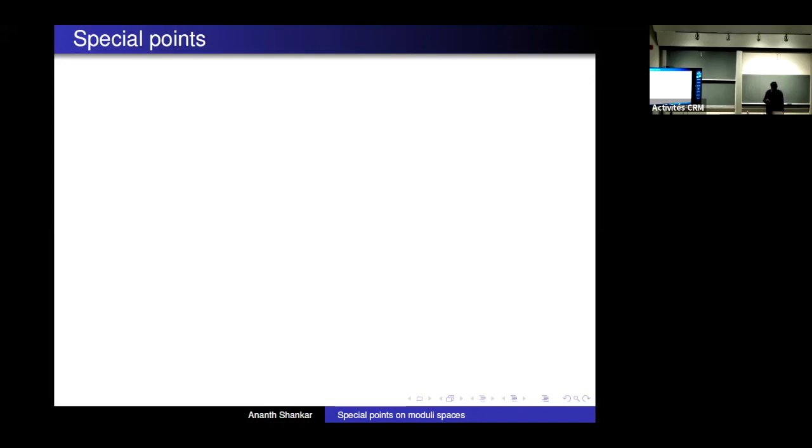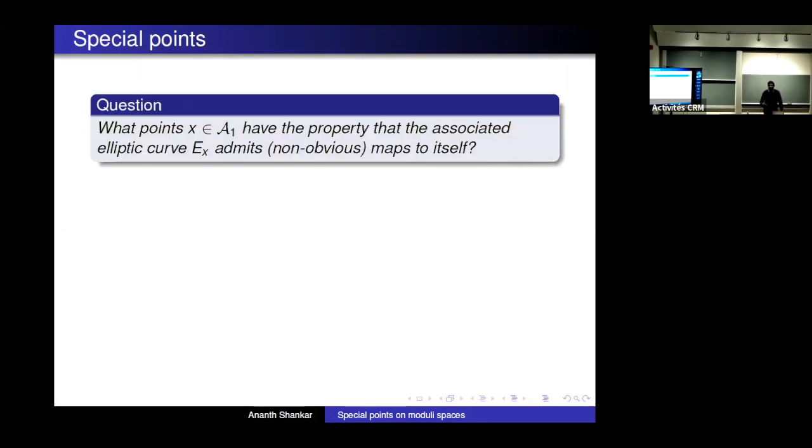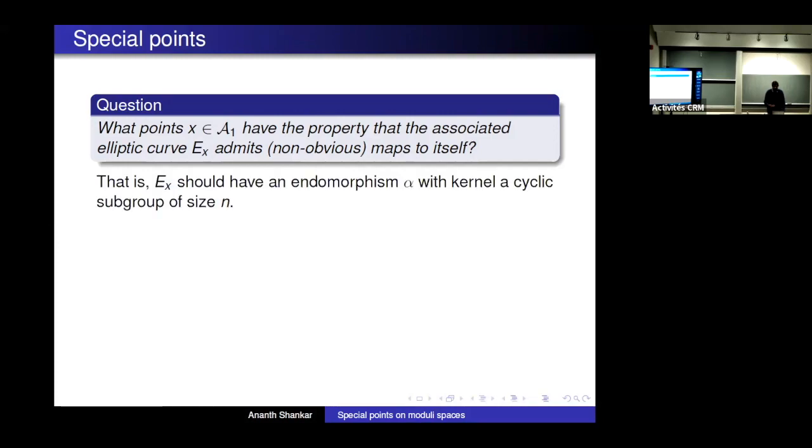So a question you can ask is, are there elliptic curves with non-obvious self maps, namely self maps that are not of this form? And what points in your parameter space parameterize such elliptic curves? Now, asking for a non-obvious self map is the same as asking for a self map whose kernel is a cyclic group. You can see this by going back to our definition of an elliptic curve as C mod lambda.